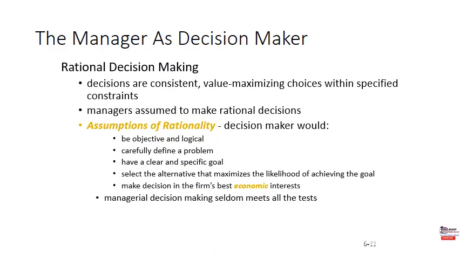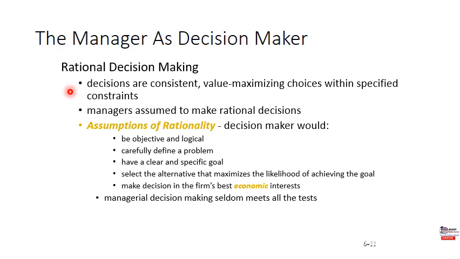Now there is an associated concept to the decision making process, and it is rational decision making. What is rational decision making? The decisions that are consistent, value maximizing within specific constraints.